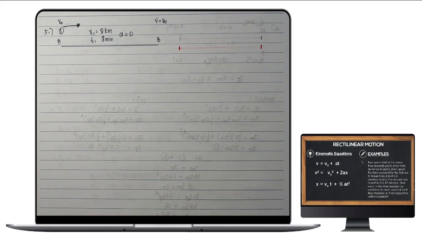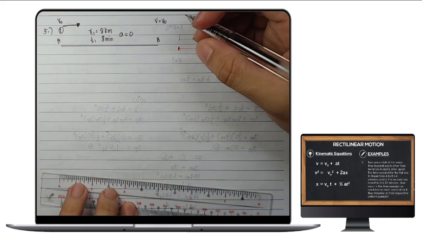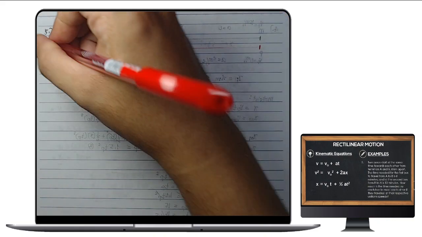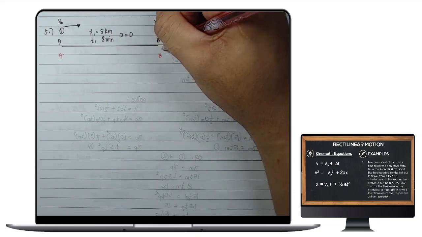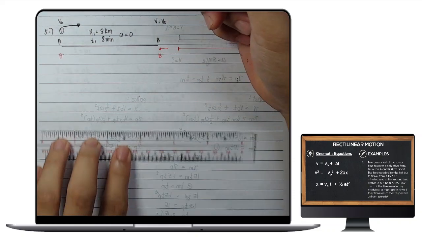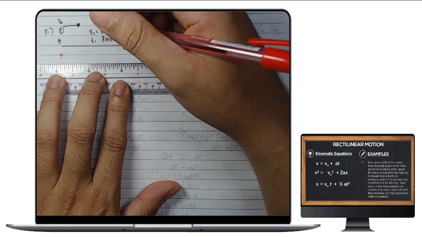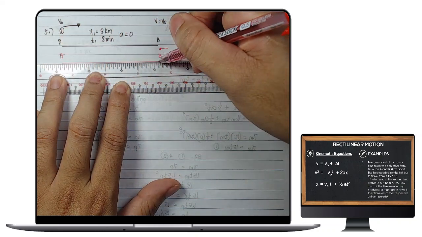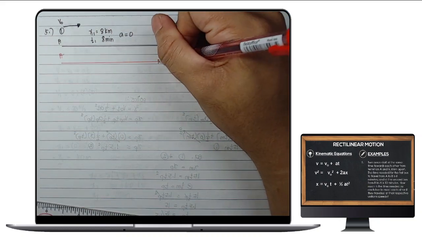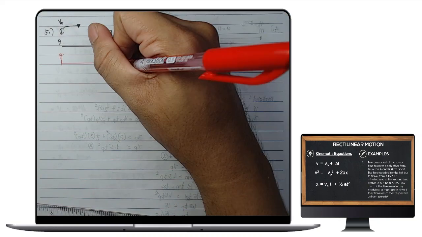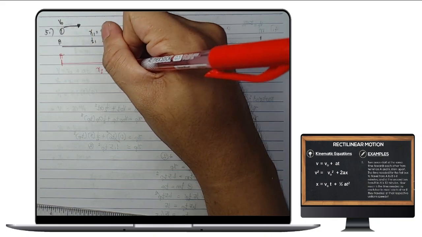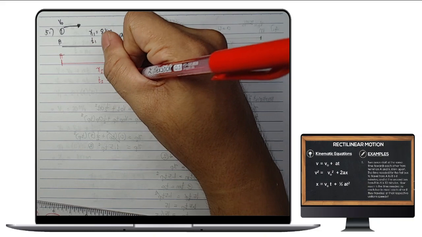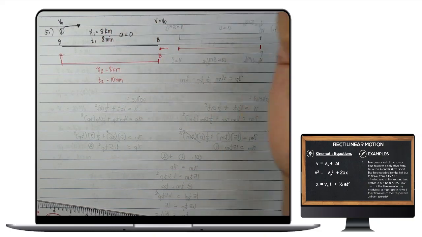Then from bus B going to A, in this direction. The distance of bus number 2 is the same, that is 8 kilometers, but the time is 10 minutes.